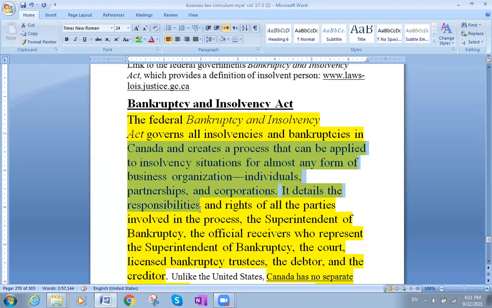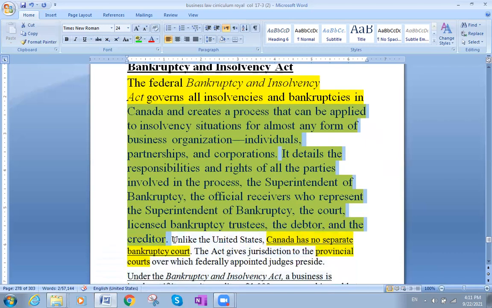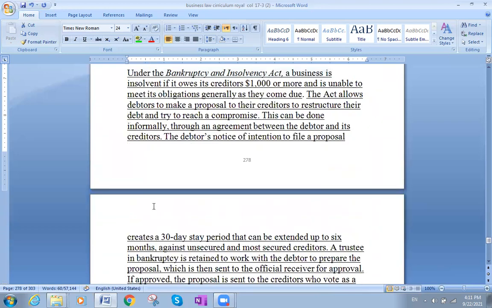It details the responsibilities and rights of all parties involved in the process: the superintendent of bankruptcy, the official receivers who represent the superintendent of bankruptcy, the court-licensed bankruptcy trustees, the debtor, and the creditor. So this must be determined very well.